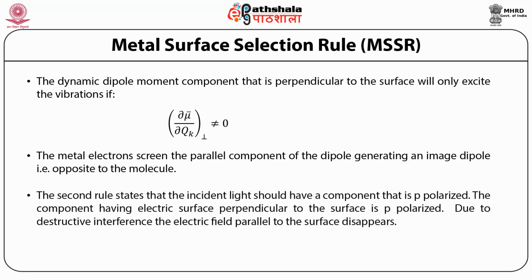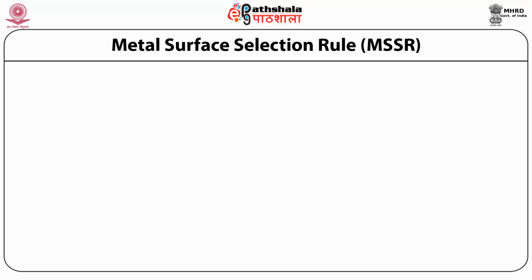The second rule states that the incident light should have a component that is polarized perpendicular to the surface. The component having the electric field perpendicular to the surface is P-polarized. Due to destructive interference, the electric field parallel to the surface disappears.